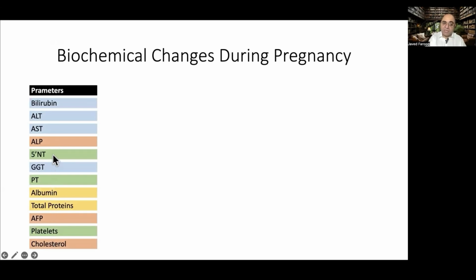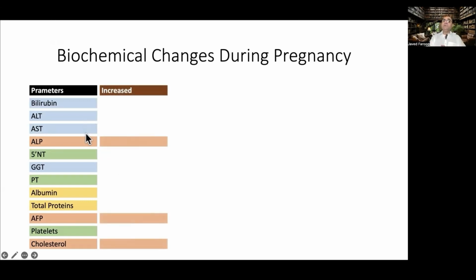Those which are green colored are 5-NT, prothrombin time, and platelets. And those which are yellow colored are albumin and total proteins. This is important, and why I have given them different colors, I'll explain to you in the next few minutes.